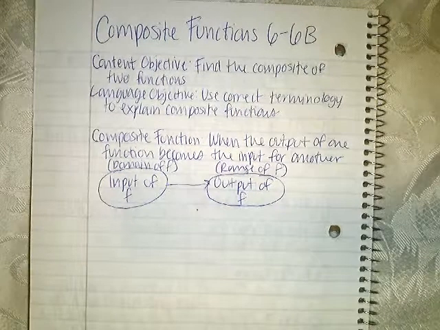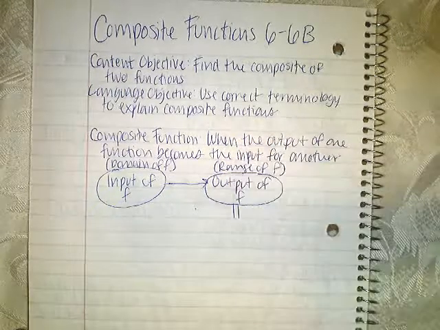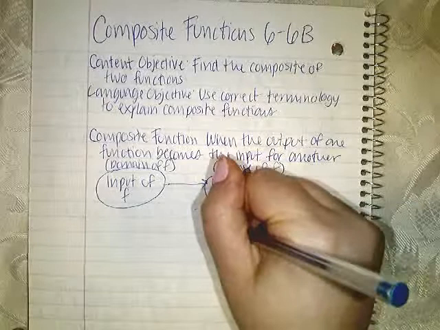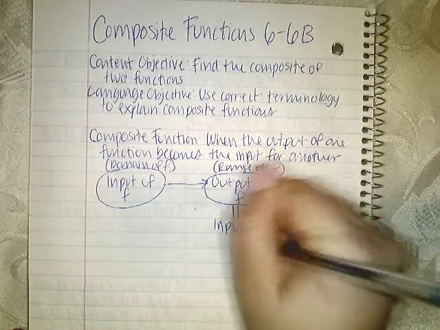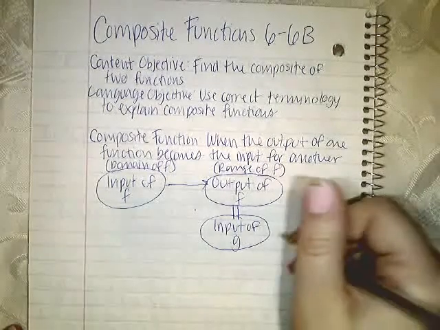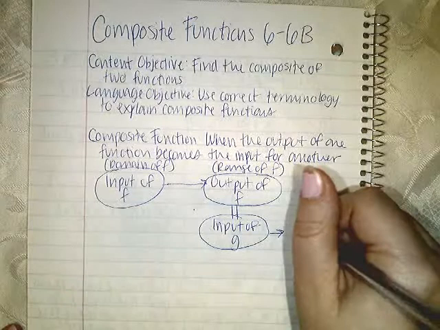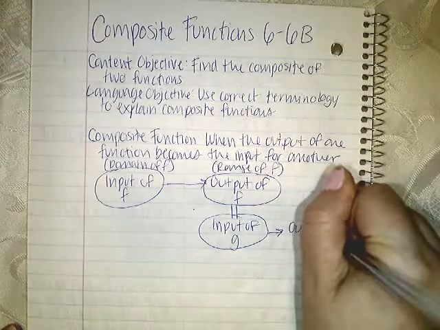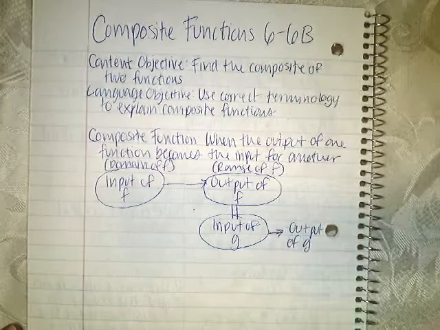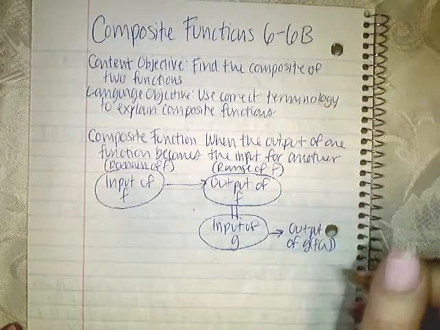And when we have a composite function, what happens is the output of f becomes the input of a new or different function we'll call g. Then when we plug that in, the new output, the output of g of f of x, is the result.